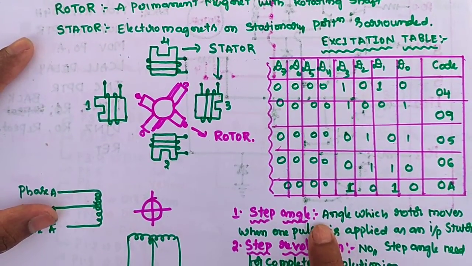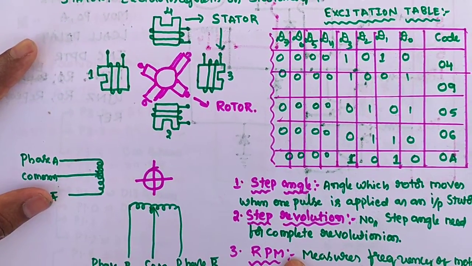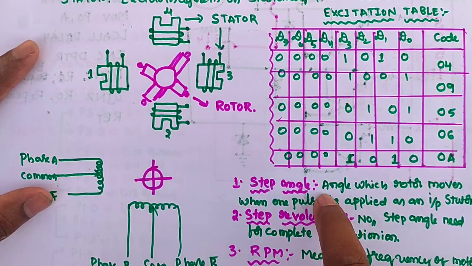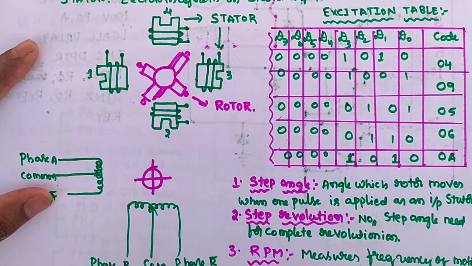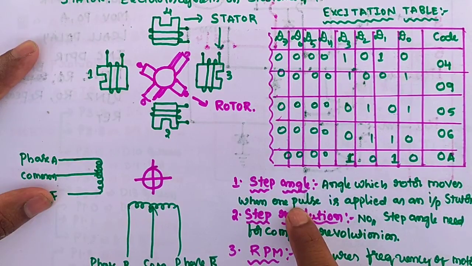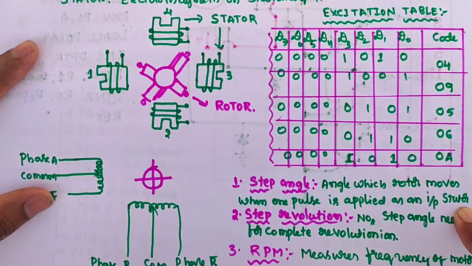Step angle, steps per revolution and rotations per minute are the important terminologies used in a stepper motor. Step angle is nothing but the angle the rotor moves when one pulse is applied as an input to the stepper.